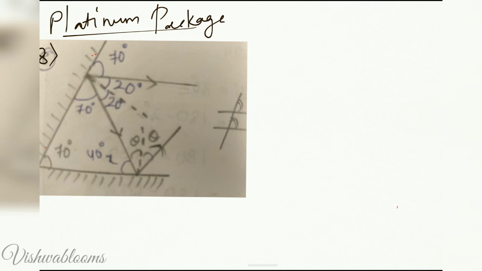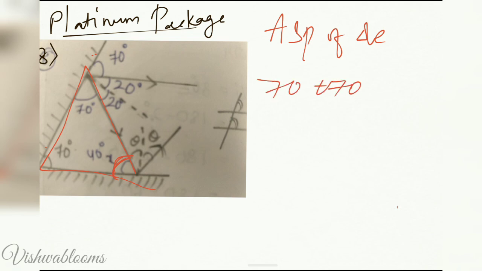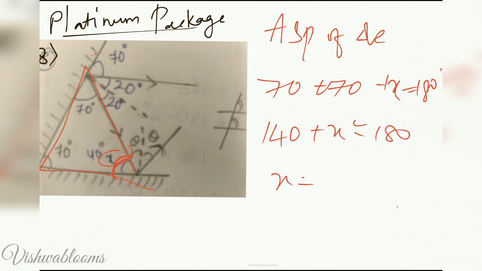Now first and foremost thing, this angle we didn't know, right? This angle also we'll try to find. How will we find it? This is a triangle. So by using the angle sum property of a triangle, 70 plus 70 plus x, I have taken x, is equal to 180 degree. 70 plus 70 is 140, plus x is equal to 180 degree. x is equal to 180 minus 140, that is nothing but 40.